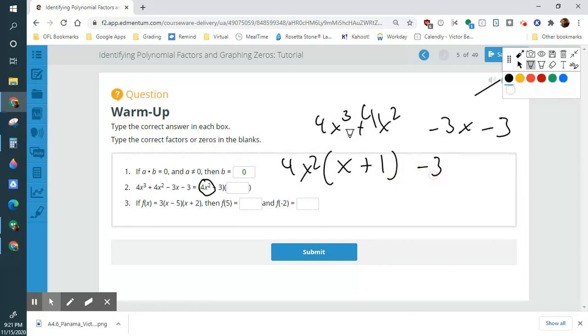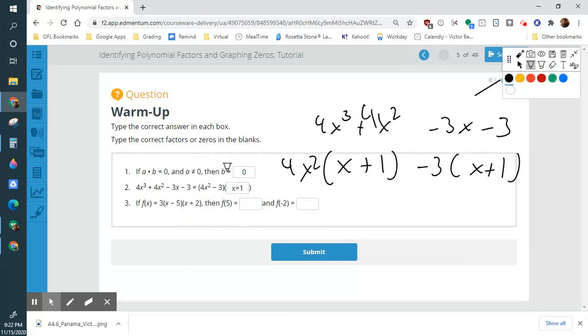And then from here, I'm factoring out a 3, and I still get an x plus 1 because I'm essentially just dividing by whatever I'm factoring out. So since both of these are x plus 1, that's how we can see this here. So that means that this has to be x plus 1. So that's how we do factor by grouping.